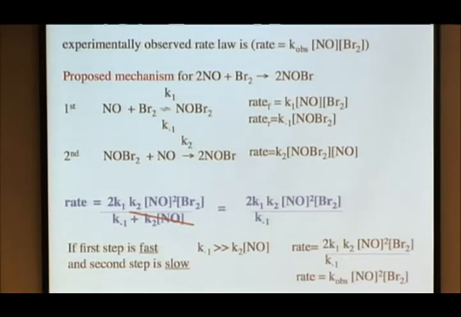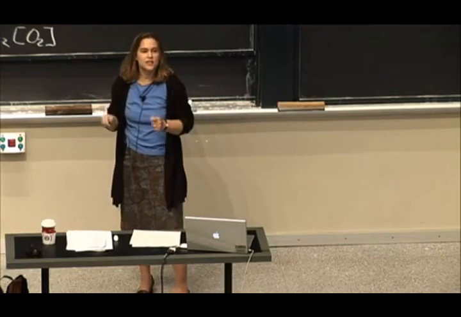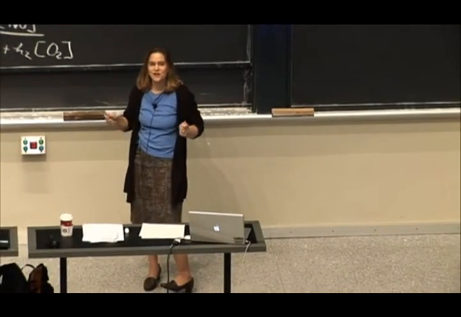So even if you write it as k observed, that's not consistent. And so the overall order for this would have been 3, which is not consistent with the experiment. All right, so now you know everything you need to know to finish the problem.